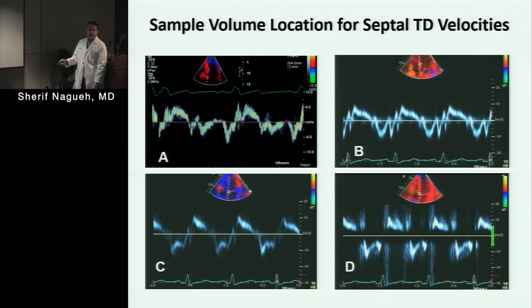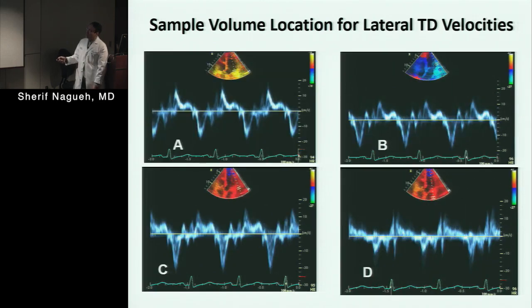So when you're looking at studies, do not just measure something. Look at it: is it of decent quality or not? The same applies to the lateral velocities. You can see the sample volume placed partly in the wall, partly outside the wall, sometimes way outside, sometimes in the atrium. And you will still get early and late diastolic velocities, but obviously not suitable for analysis.